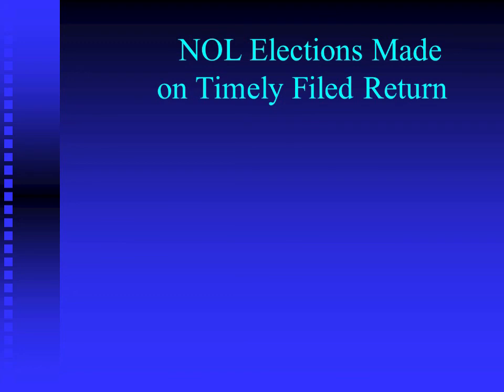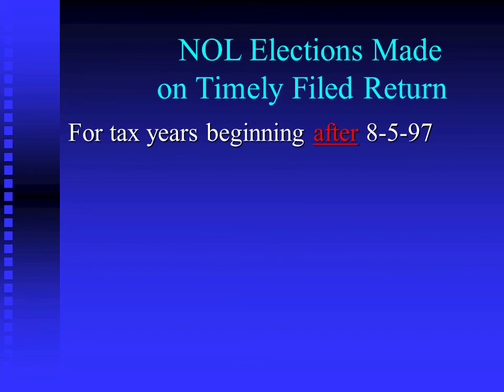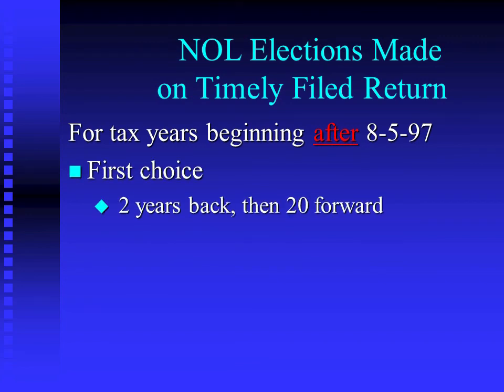All right, so the NOL election can only be made on the tax return as it's filed, right? And so there are general rules for how far you can go back, and they bounce all over the place. All you want to remember is if I want to do the carryback, I have to tell the government that I'm going to do the carryback on the tax return that generated the loss, and I cannot amend the return to do it.